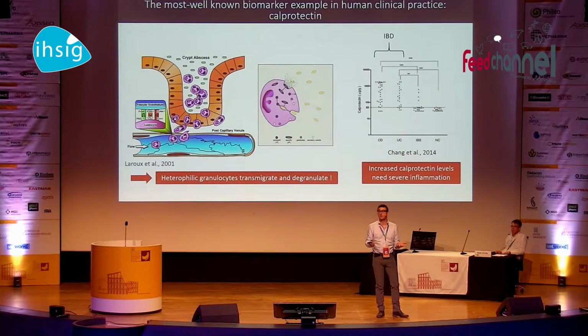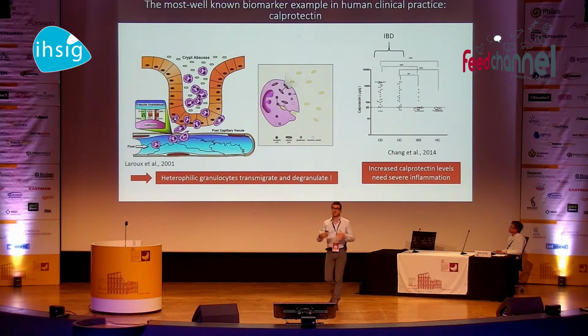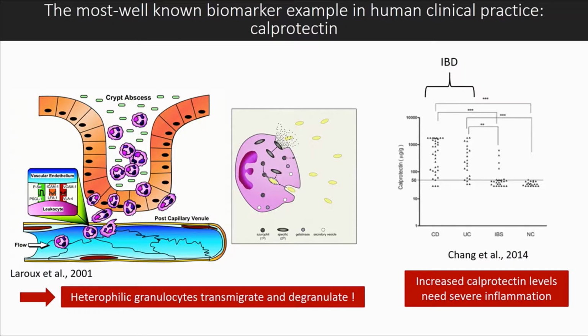They also degranulate. They release granules, they release proteins, and these proteins end up in the feces, okay? And you can measure quantities of this specific protein in the feces. That would, of course, also be of value for poultry. I will come back to this at the end stage of my talk, because there are similar proteins that can be used in chickens as well.